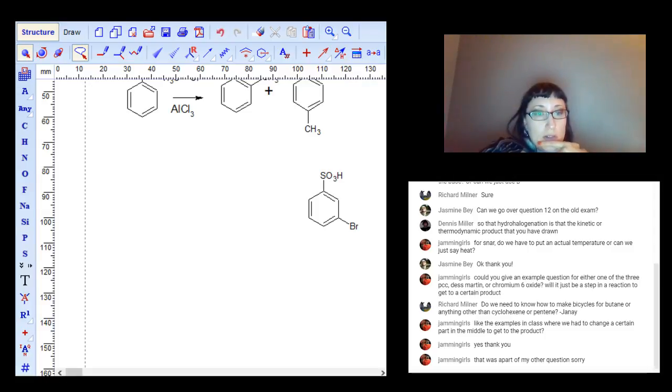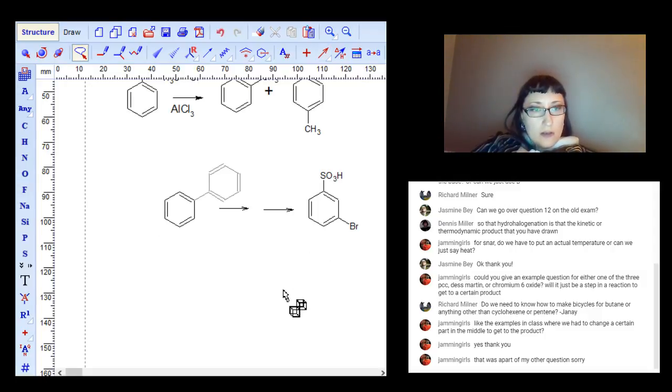We have two things put on there, a sulfonate and a bromine. A bromine is going to add things in an ortho-para fashion, whereas the sulfonic acid would add things in a meta substitution pattern. So that means we need to add the sulfonate on first.